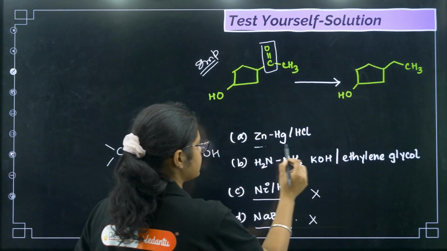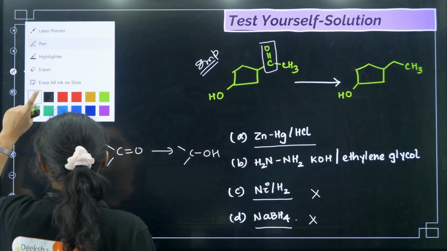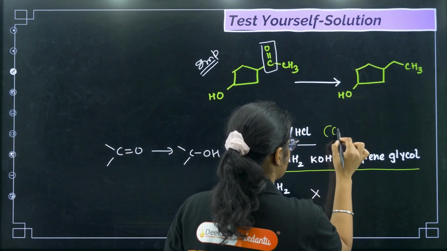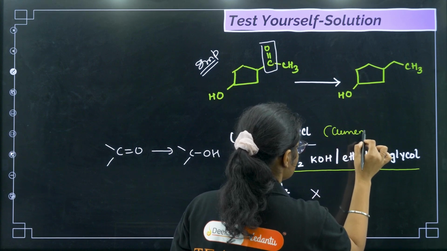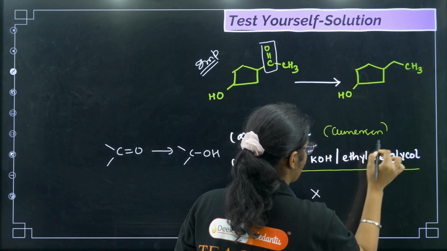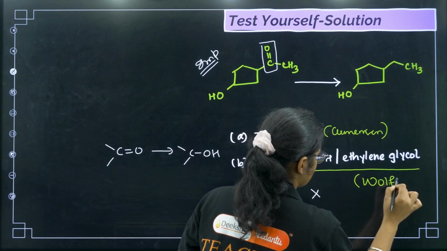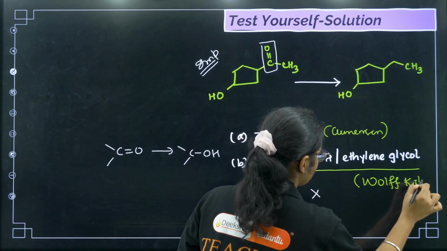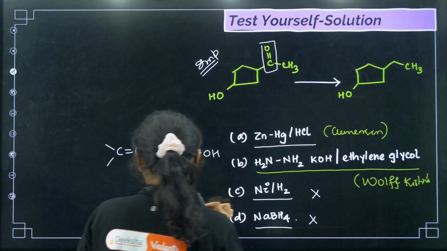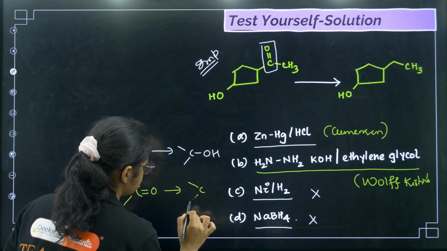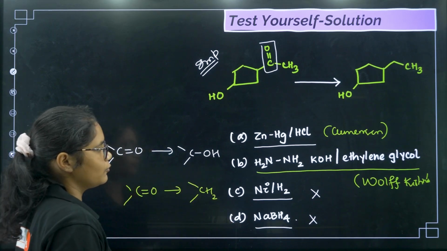Now if you see Zn-Hg/HCl and NH2NH2, KOH and ethylene glycol, this is Clemmensen reduction, and this one is Wolff-Kishner reduction, right? Both Wolff-Kishner and Clemmensen reduce this to CH2. Then both can be answered.